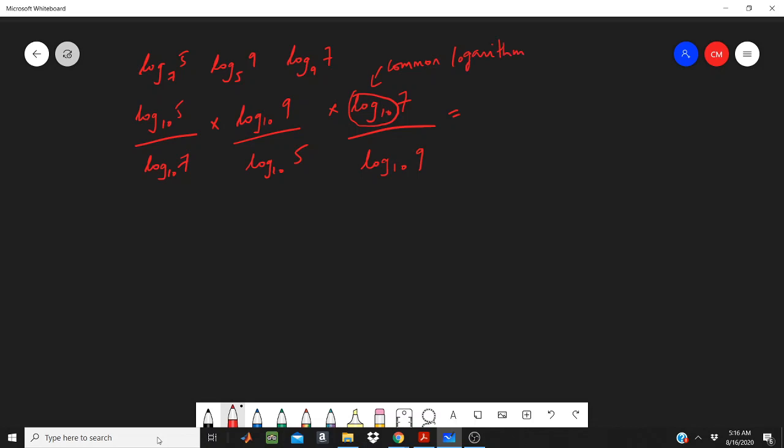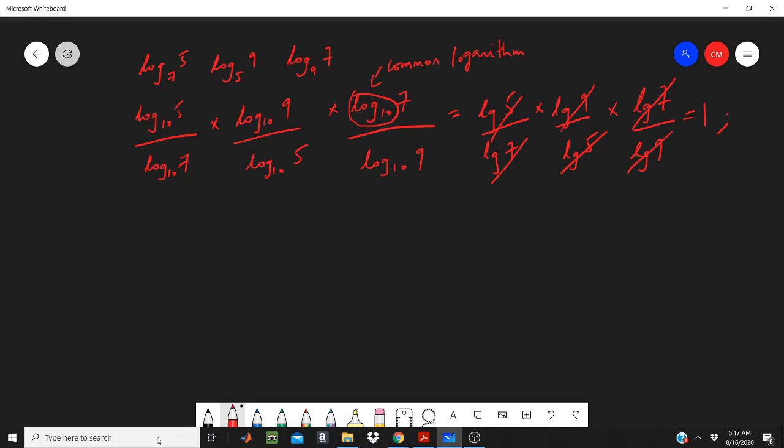They just say LG or log. People usually refer to this as log rather than log 10. So LG 5 over LG 7 times LG 9 over LG 5 times LG 7 over LG 9, and then you can just cut this with this and this with this. The answer is just 1.